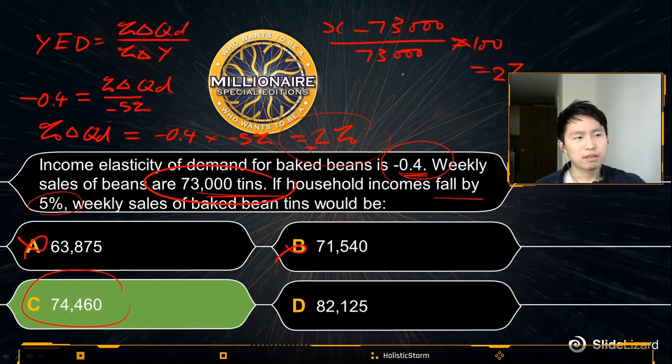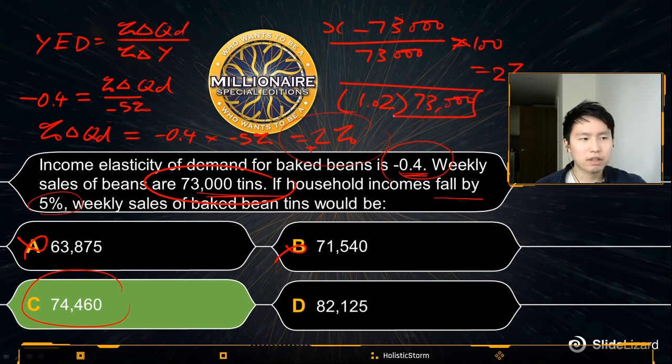If we solve that, we would get the answer. Or actually, a quicker way of doing it is to just do 1.02, which is an increase of 2%, times 73,000. And then you should also get the value here of 74,460.